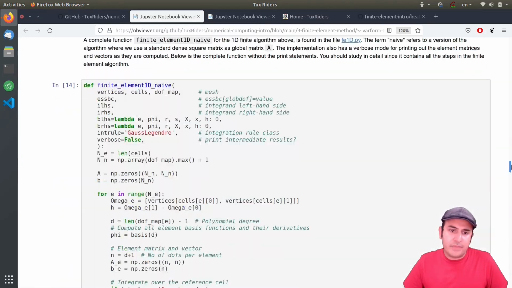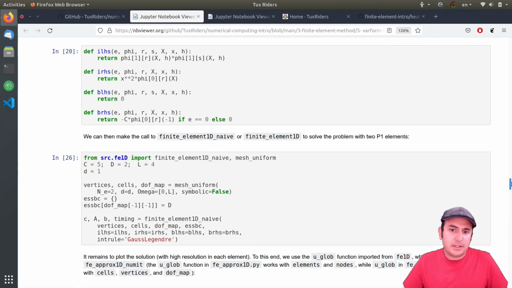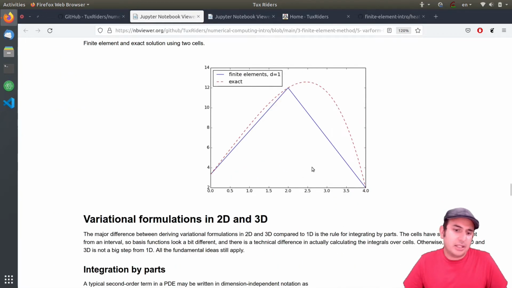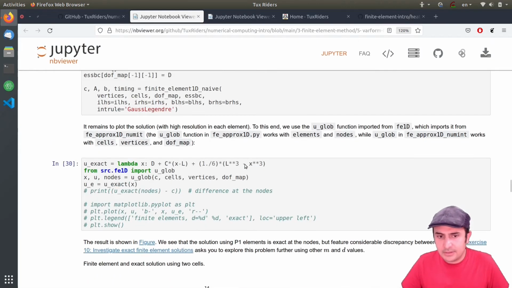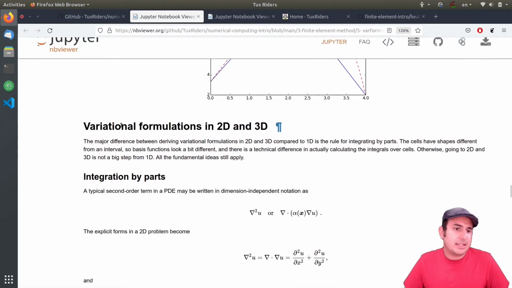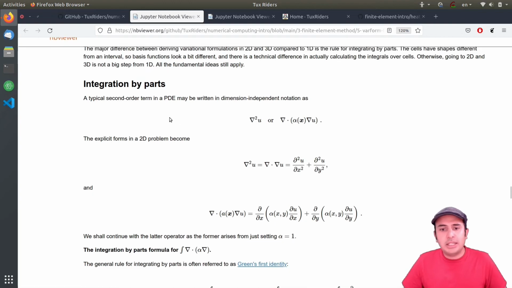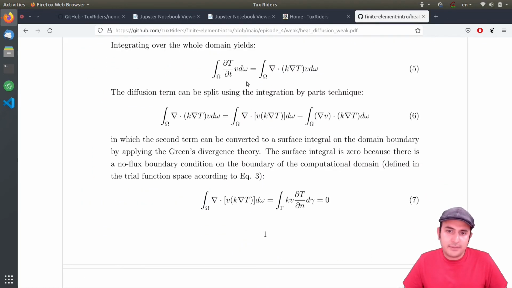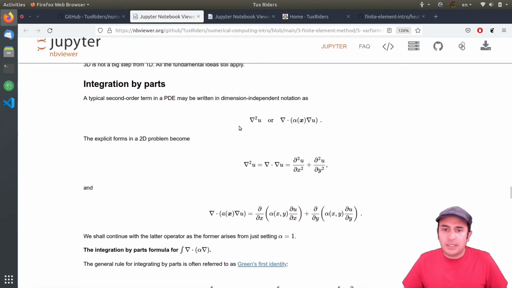Let me quickly scroll down to see if there is nothing that I have missed. But yeah, those are the concepts of variational formulation. You can also see some examples here applied to some differential equations, and for 2D and 3D, it's the same thing, integration by parts, as demonstrated in the other video and this file. But it is just the same.